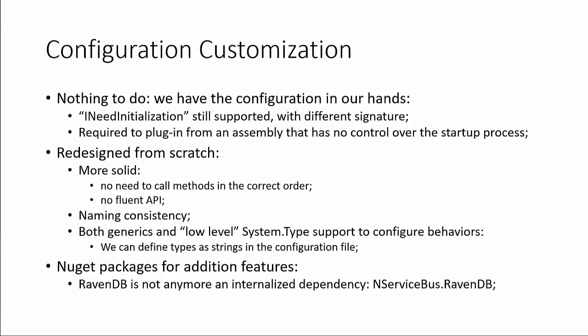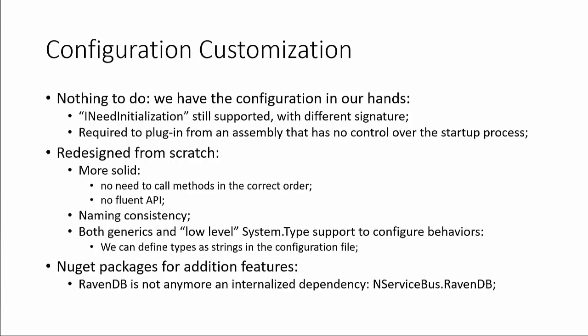We are deploying some sort of a plugin, for example, to an endpoint, and that plugin will require to customize the configuration. In that plugin, there can be a class implementing the INeedInitialization interface, and that class will be created, an instance will be created by the inversion of control container, and the Init method will be called by the setup process in order to allow the plugin to do its own configuration. Everything has been redesigned from scratch in V5.